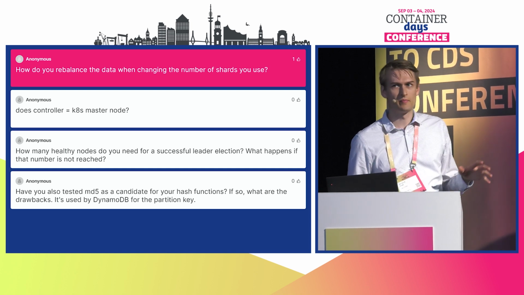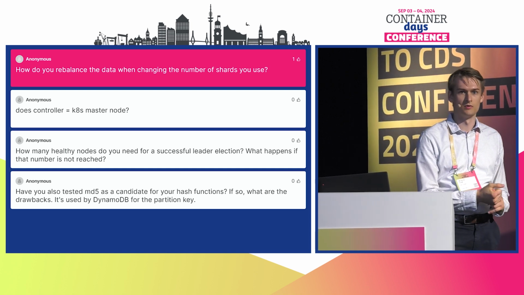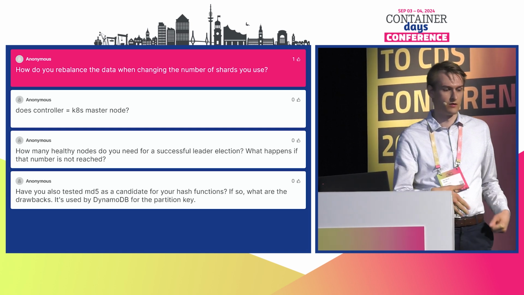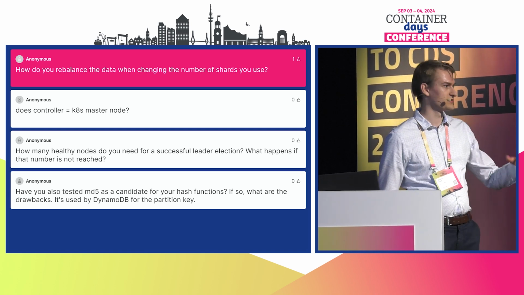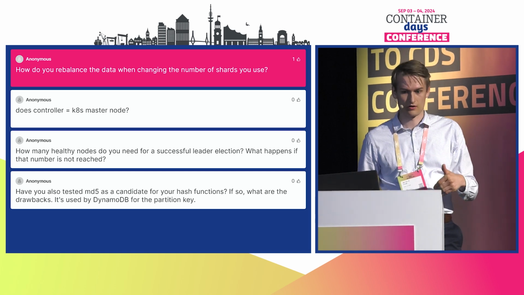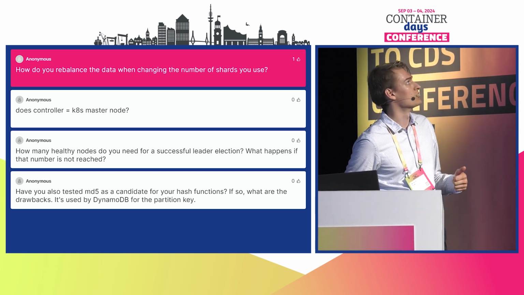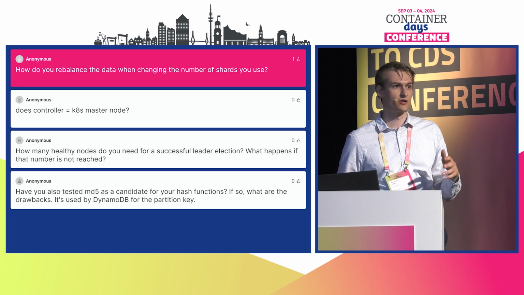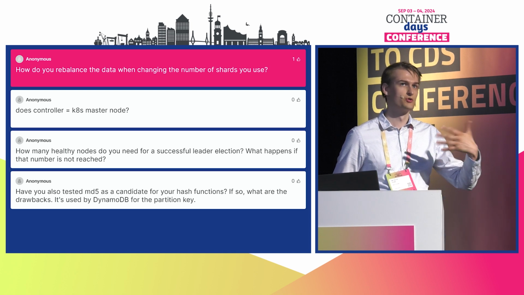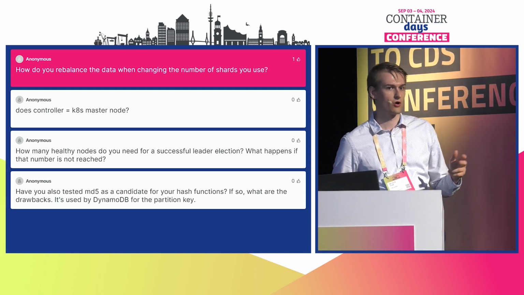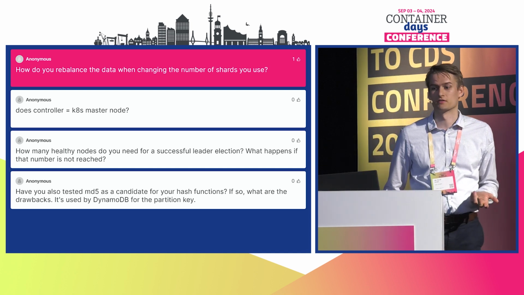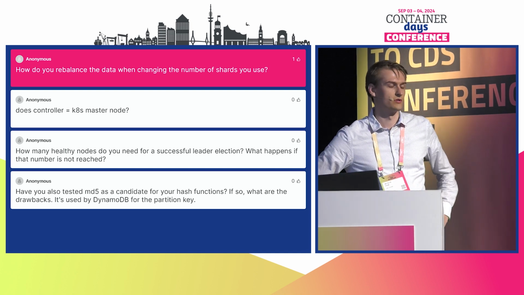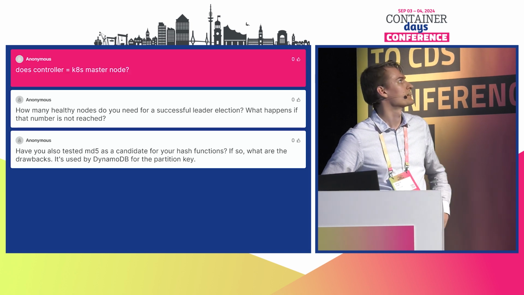And we do not rebalance the data, but the hashing algorithm just basically calculates the shard where this is reconciled. So when another change in the informer comes, it is just reconciled on the new shard it is mapped to. So it's calculated whenever a change happens. So we don't have faulty data mapped to a shard or a replica.